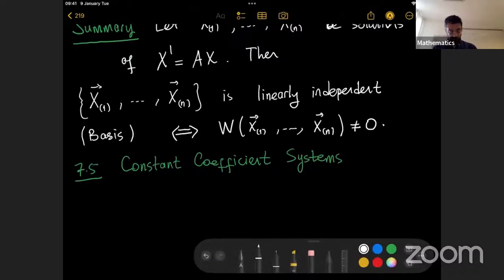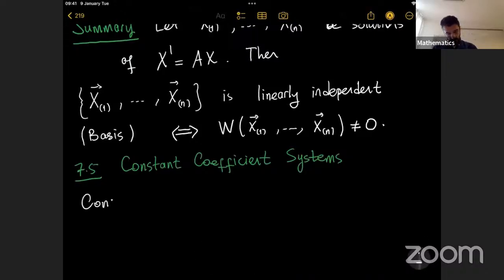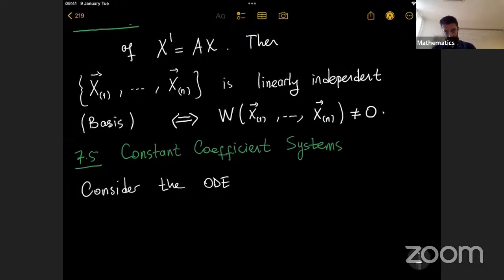So let us consider the ODE X prime t is equal to A x t.